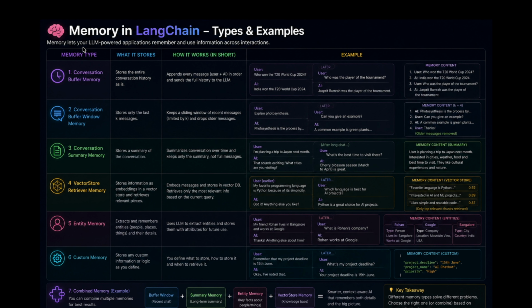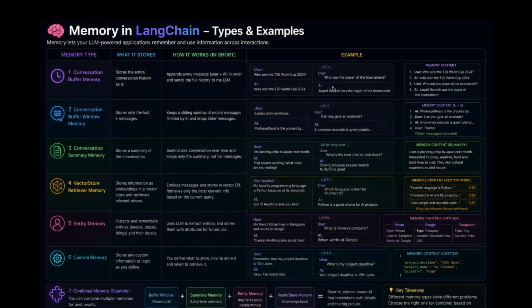Memory lets your LLM powered application remember and use information across interactions. While interacting with the AI agent, it has to remember every interaction we are doing as a user. The memory is split into different types. The first is conversational buffer memory. That means if the user asks who won the T20 World Cup in 2024, the AI agent says India has won the T20 World Cup.